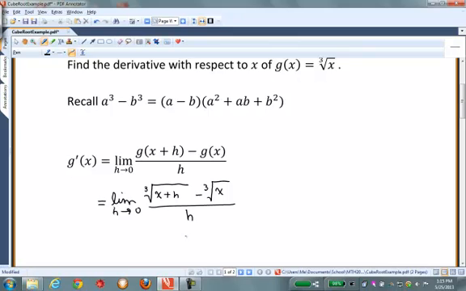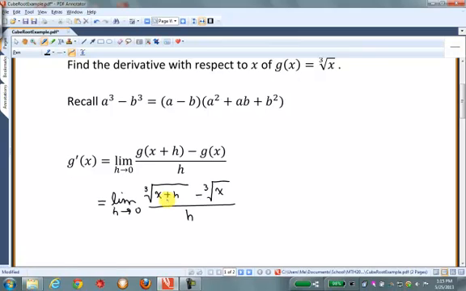Okay, now to simplify this, I'm going to need to get rid of these radicals, so I'm going to have to cube this thing somehow and cube this. I can't just raise the whole thing to the third power because we get extra terms.